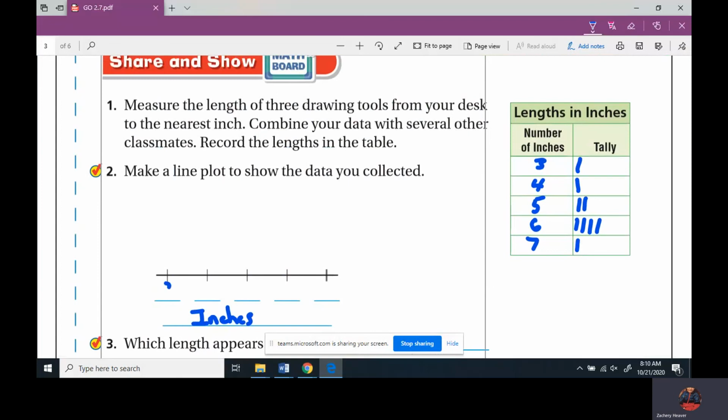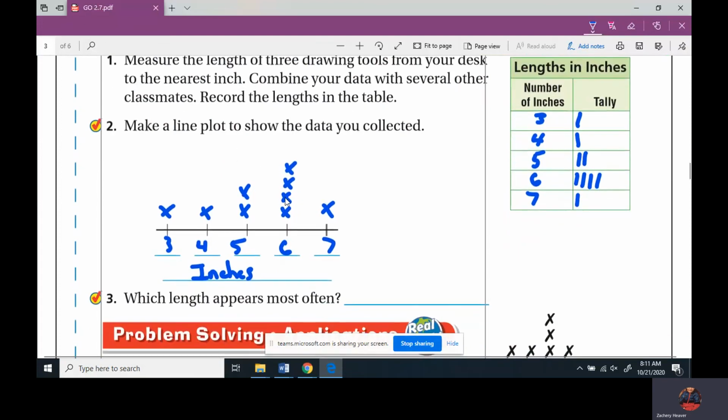And we have 3, 4, 5, 6, and 7. 3 would have 1 X. 4 would have 1 X. 5 would have 2 X's. 6 would have 4 X's. And 7 would have 1 X.